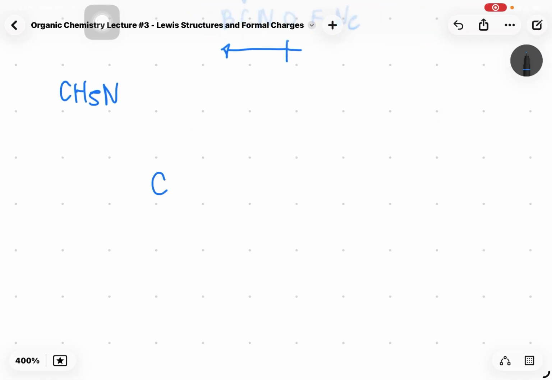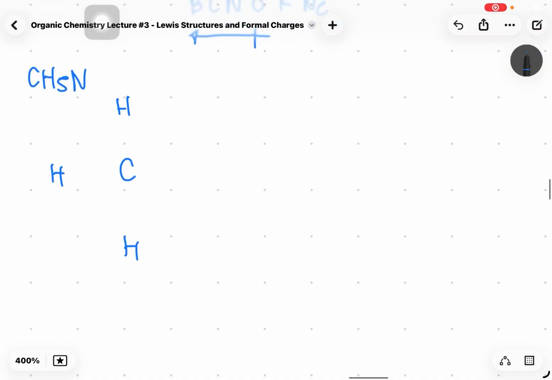So we draw it like this. C, H, H, H. But then, if we don't connect nitrogen, we can't have the full structure bonded properly. So we have to connect carbon to nitrogen. And we're missing 2 more hydrogens. So we write them here.